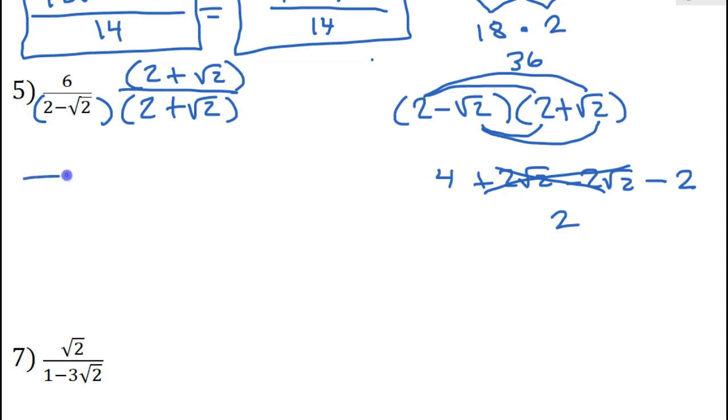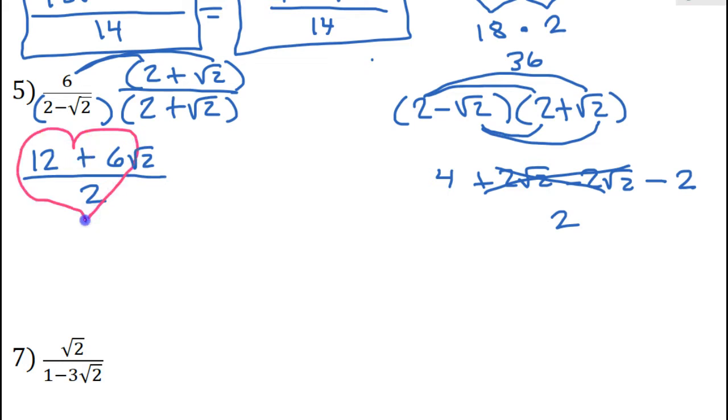So on my next step, I'm going to have a 2 in the denominator. Now I'm distributing the 6. 6 times 2 is 12. And then 6 times radical 2 is 6 radical 2. Now, right away, you can see that all three of these numbers are all divisible by 2.